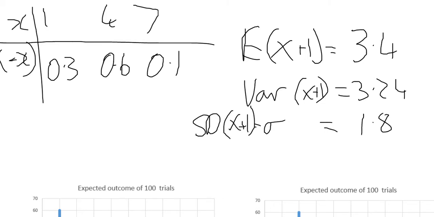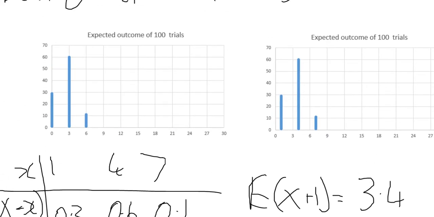This time the mean has changed, but the standard deviation and variance haven't. And if we look at the graph, we can sort of see why. Here we have the original, and here we've added 1 to it, and what we see is not much has changed. It's just moved everything up 1, so it's still spread out just the same, but the mean is going to be moved up by 1 because everything's been moved up by 1.